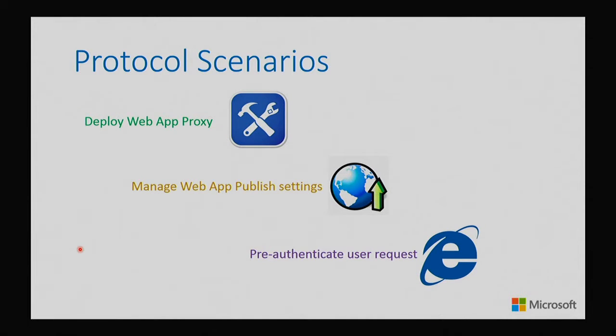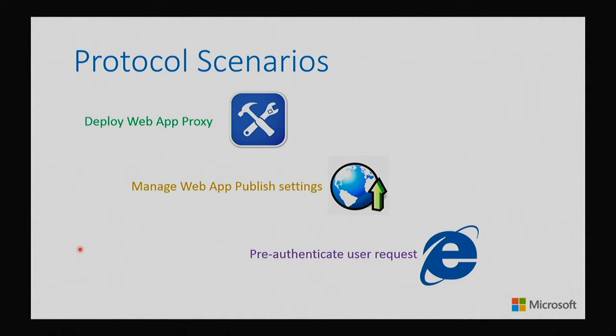For this integrated system, we have three scenarios. The first one is how we deploy the web application proxy. It means how the proxy will register its info into the ADFS database. Only after it's registered will ADFS talk with it.